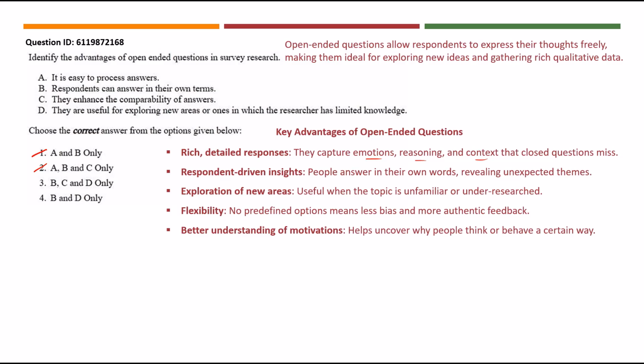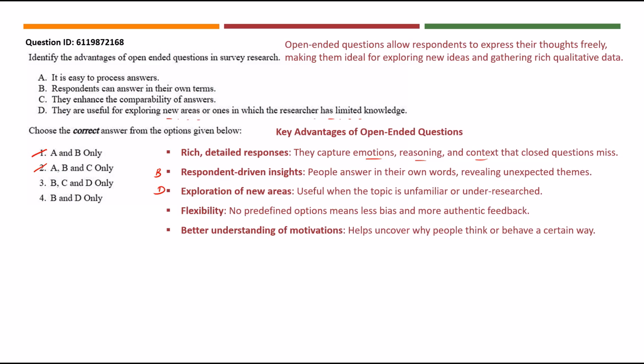Then we have respondent-driven insights. People answer in their own words, revealing unexpected themes. So this is perfectly matching with statement B. Then we have exploration of new areas, useful when the topic is unfamiliar or under-researched. So this will be D. Next advantage is flexibility.